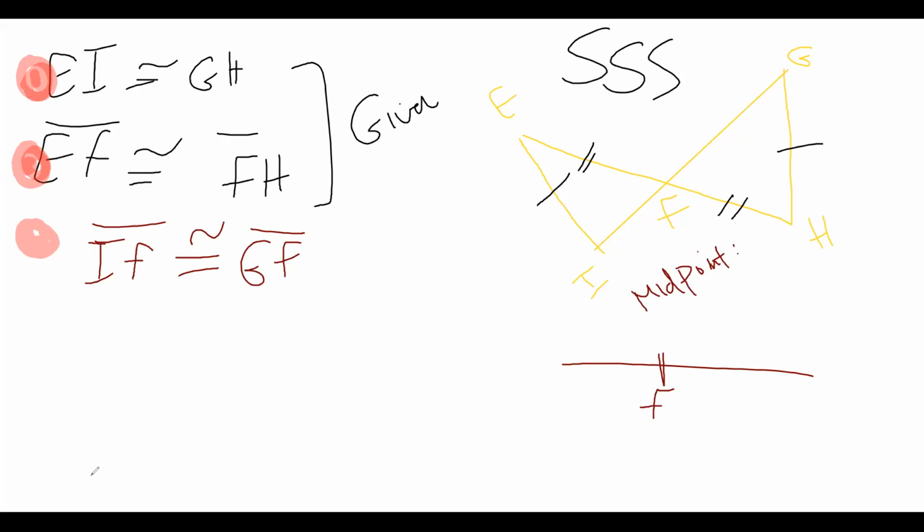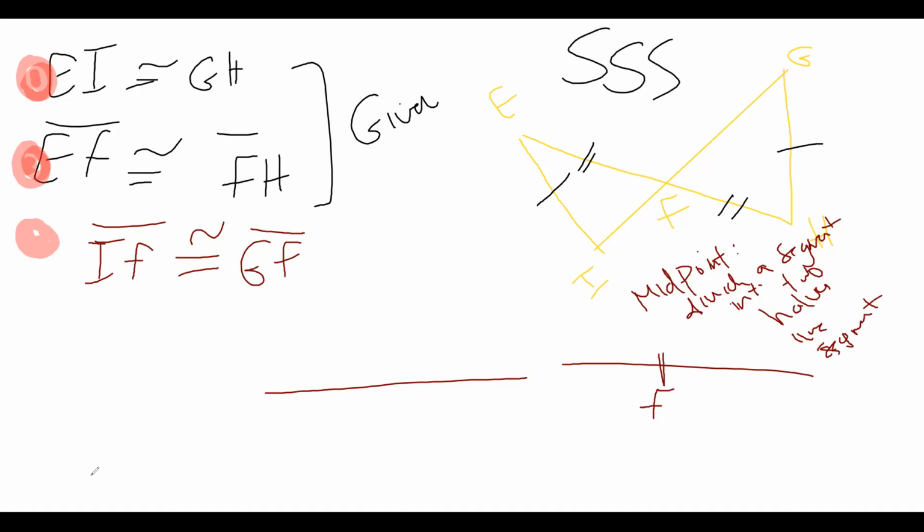A midpoint divides a line segment into 2 halves. That means if I have this side and its length is 10, and there's a midpoint F here, it cuts it into 2 parts.